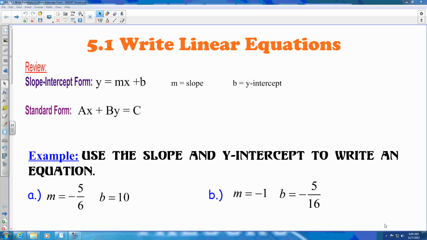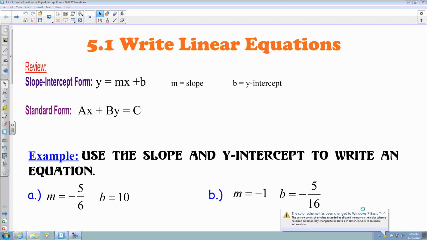If you may have struggled with those concepts, hopefully we will dive in more into these equations and you'll be able to gain a better understanding.